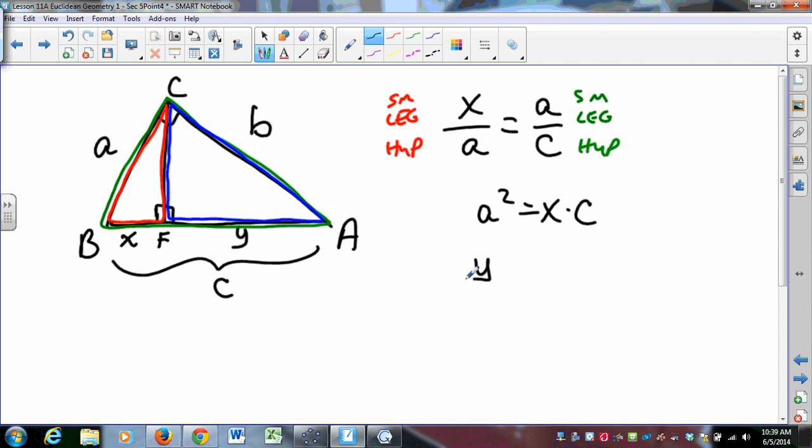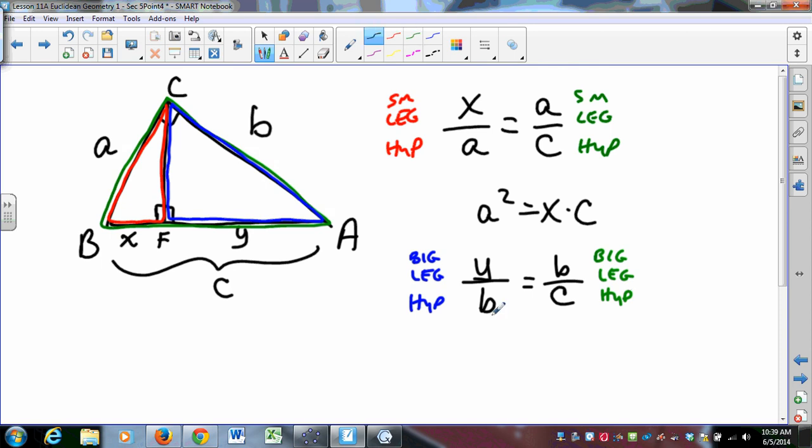Likewise, I can say that Y over B is B over C, because the big leg to the hypotenuse on the blue triangle compares to the big leg and the hypotenuse on the green triangle.